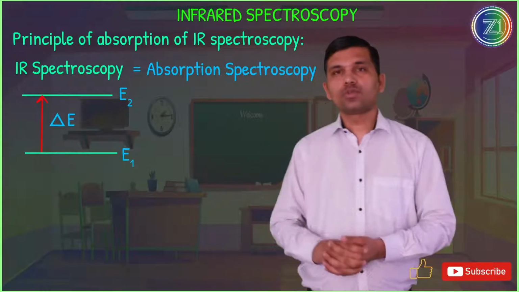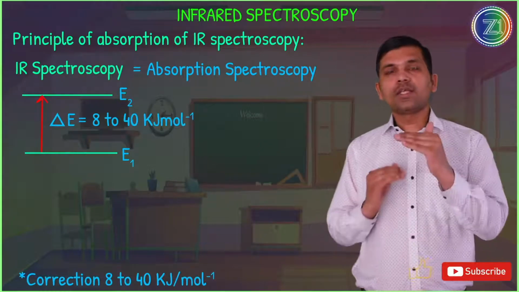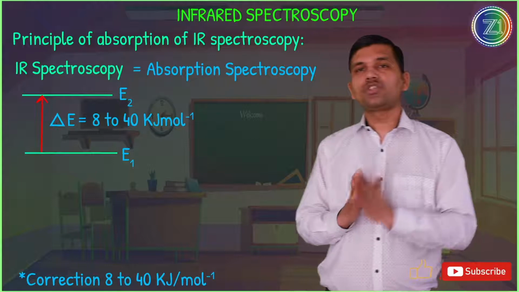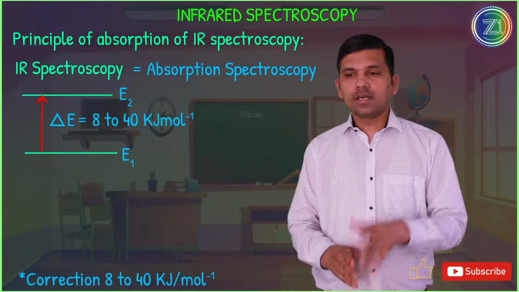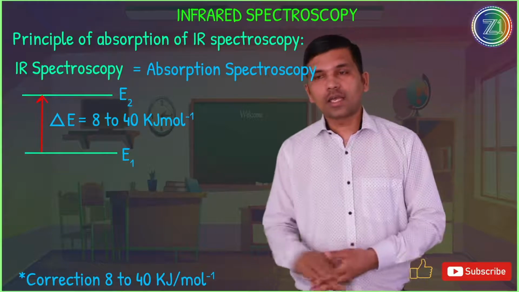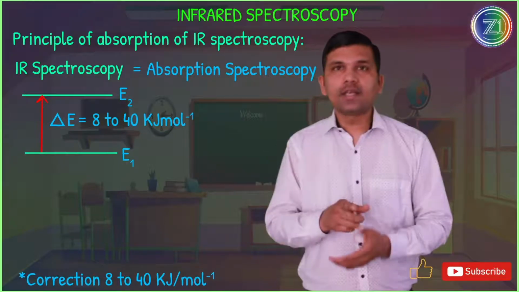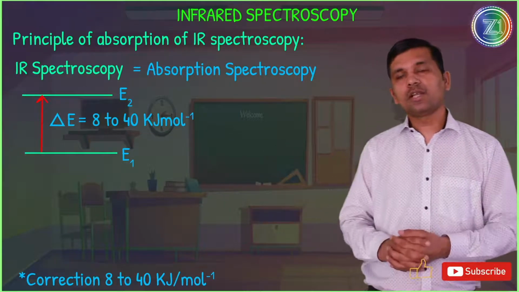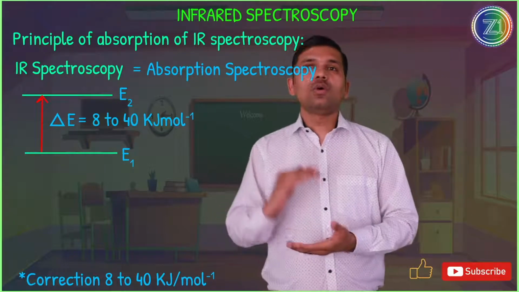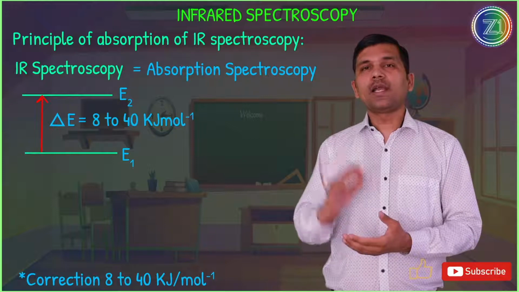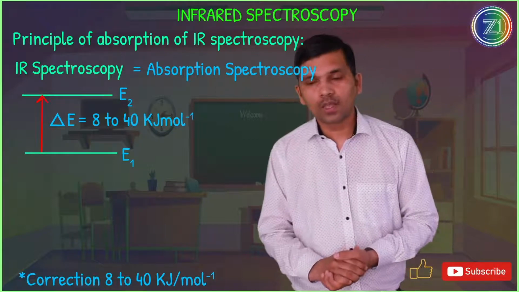6 to 40 kilojoules per mole. That means the energy difference of vibrational energy levels is around this range. Therefore, if I supply the energy from the IR radiation, there can be excitation from lower vibrational energy levels to higher vibrational energy levels.